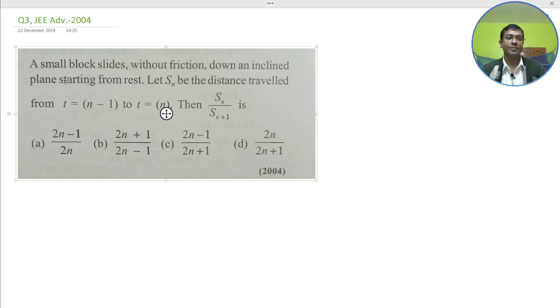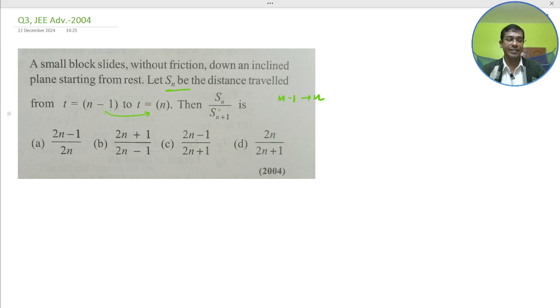A small block slides without friction down an inclined plane starting from rest. Let Sn be the distance travelled from time n minus 1 to n.